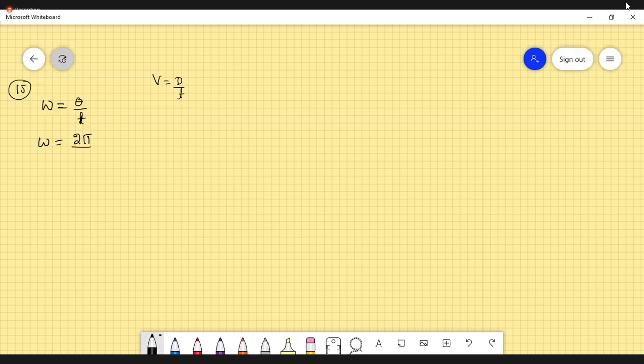Do you know what the time period is? Time period is the time taken to complete one oscillation or one revolution. For the seconds hand, the time period is 1 minute, which is 60 seconds.